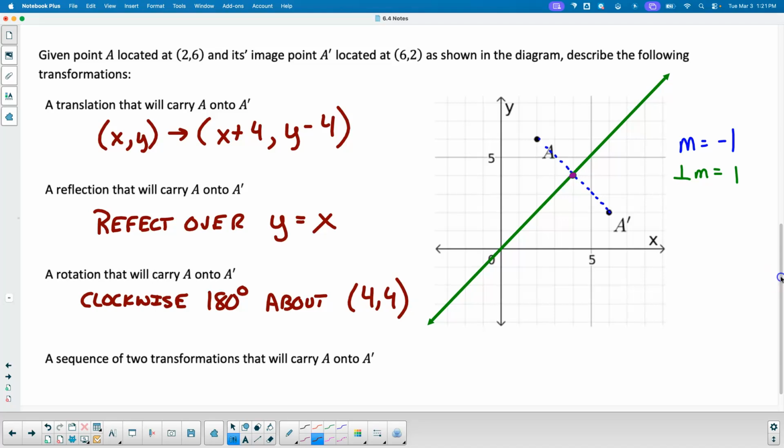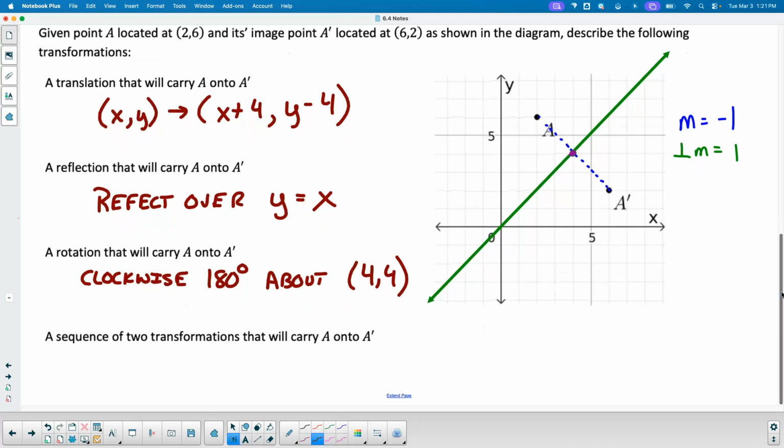I'll just give you a quick brief example of two of them that would do that. So we could reflect in, let's go y equals 3.